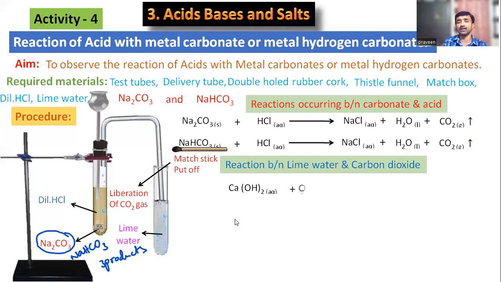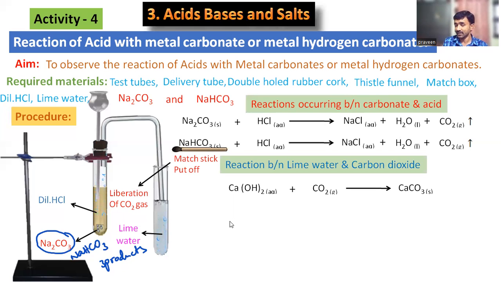Both together produce a liquid substance, only one product, on passing a limited amount of carbon dioxide, the first case, right? So in the first case, I observed it turned milky white, that is simply calcium carbonate, right?